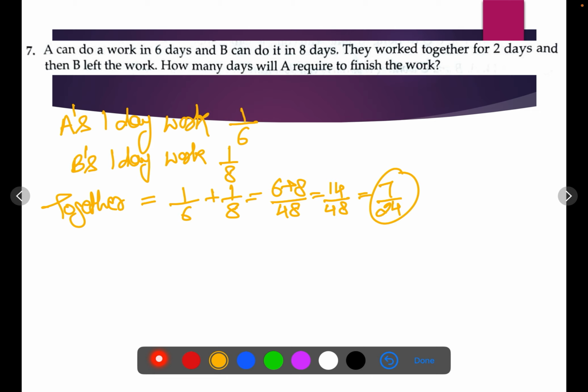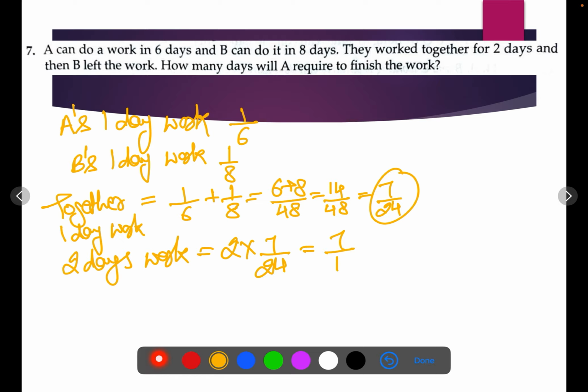Now they work together for 2 days. So 2 days work will be simply multiplied by 2, so it is 7 upon 12. So in 2 days they are able to finish 7 upon 12.